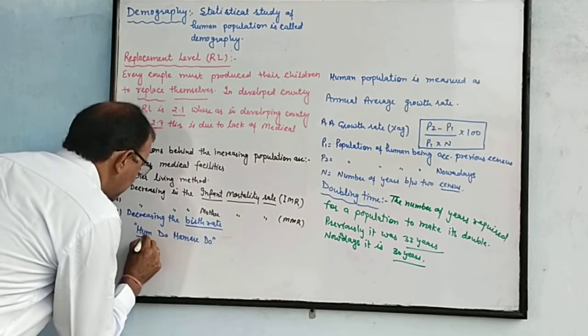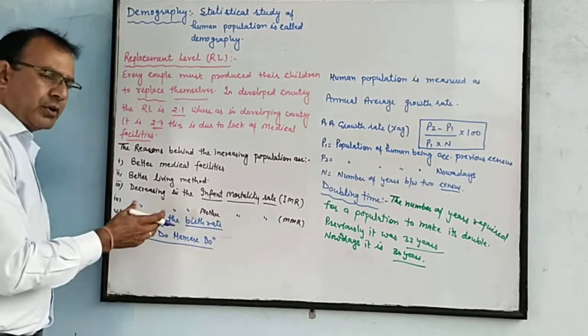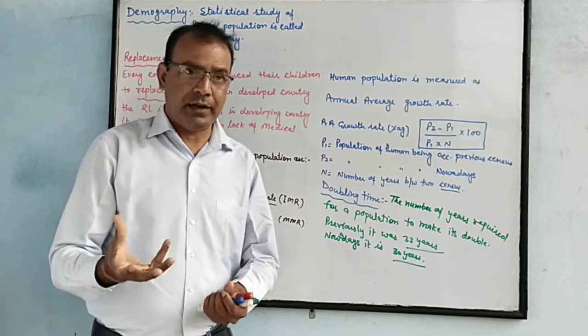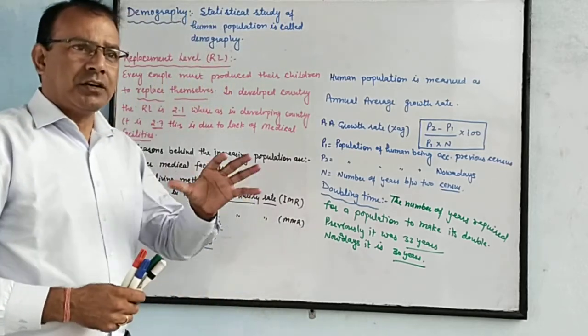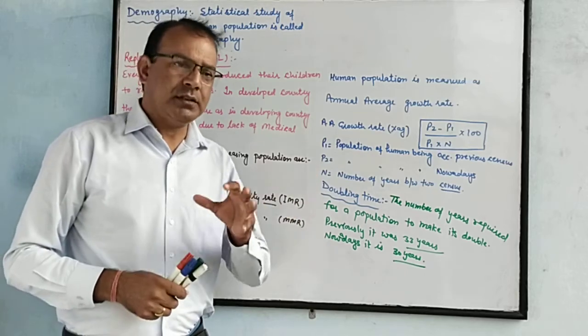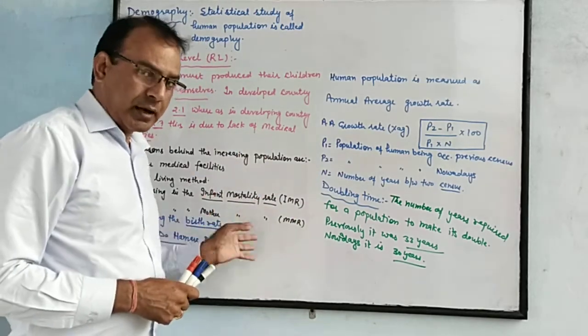So these are the reasons behind the increasing population rate: medical facilities increased, living methods improved, as well as a decrease in infant mortality rate, the newborn death rate, and mother mortality rate.